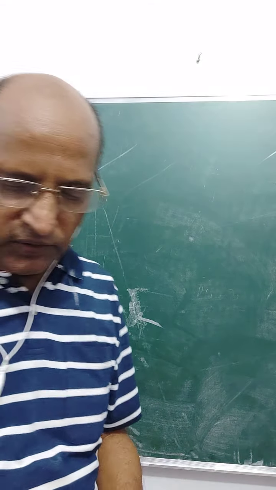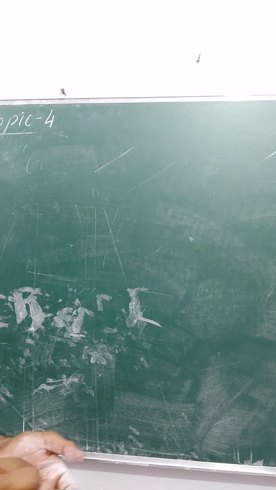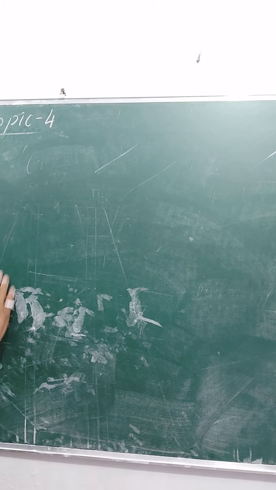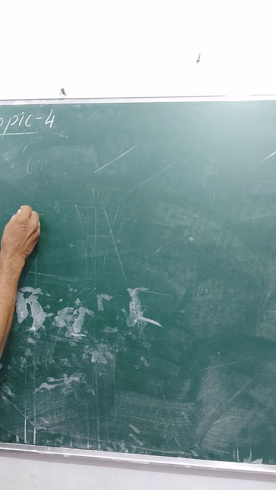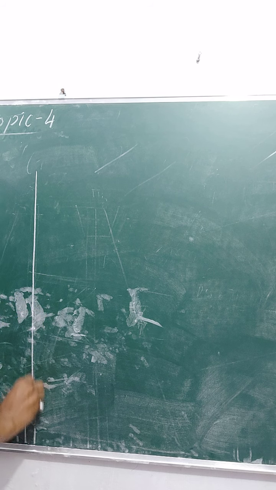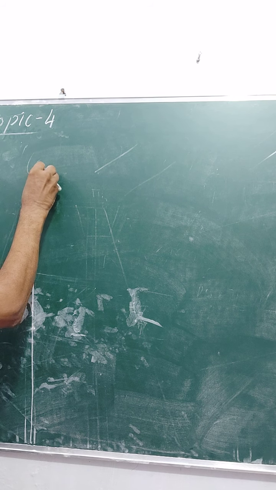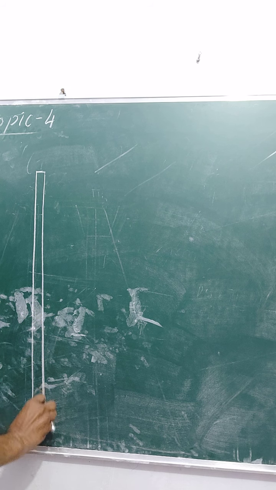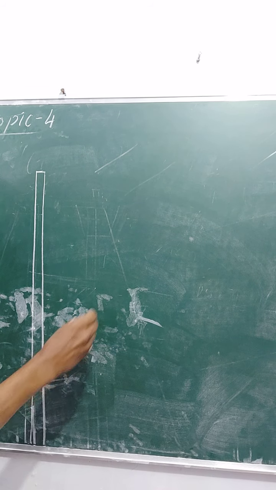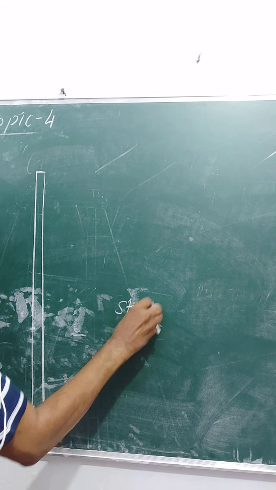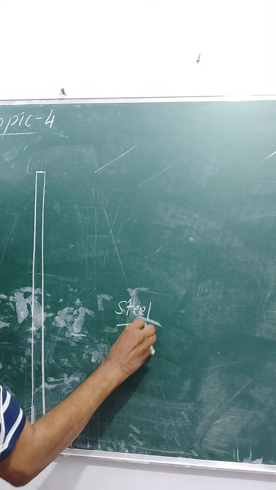So these poles are available in the same section, only the height differs. Now the cross arm for this particular LT line is normally a bracket cross arm, and this pole may be a PCC pole or steel tubular pole.